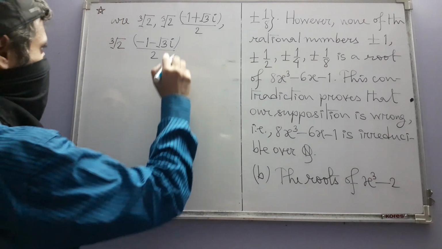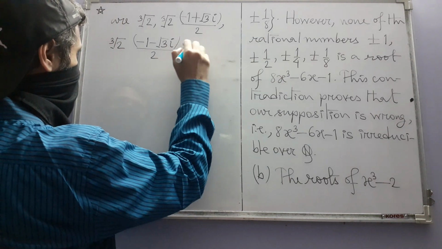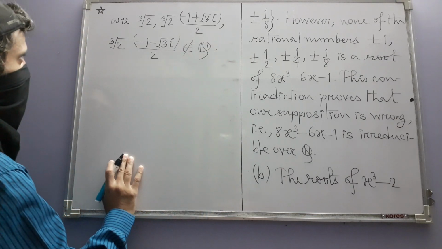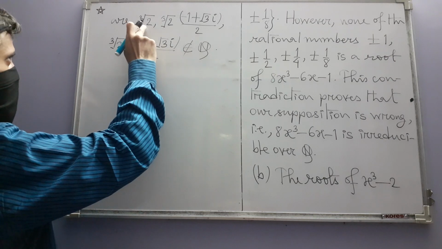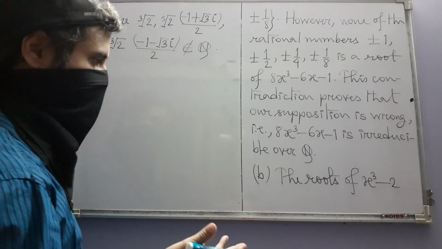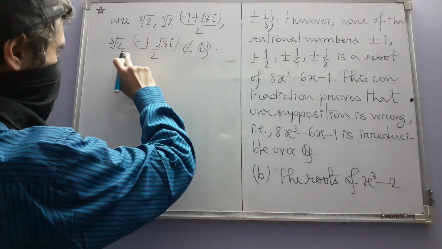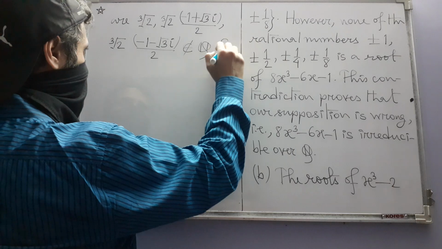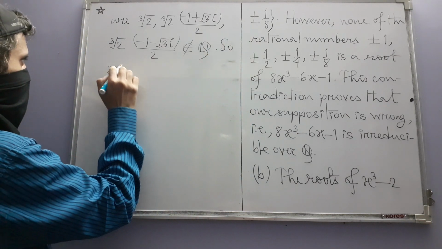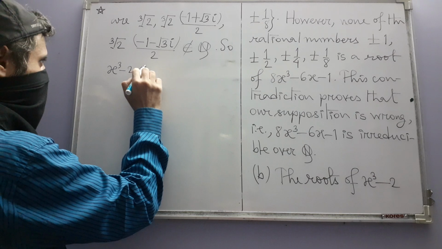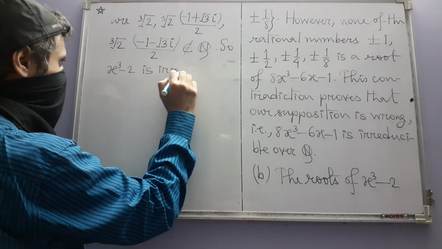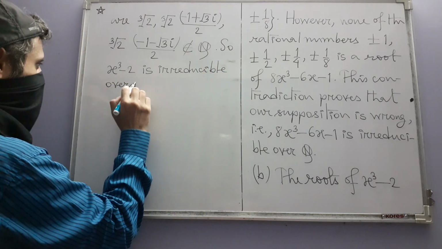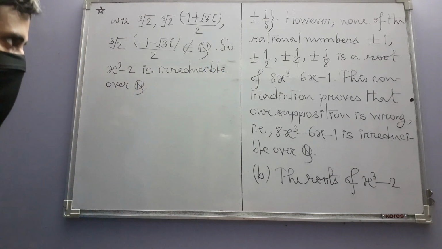Okay, and they all lie outside the field of rational numbers. This one is not rational. That is the fact that we already know. And these others are not even real. How can they be rational? So we can directly conclude that this is irreducible over the field of rational numbers.